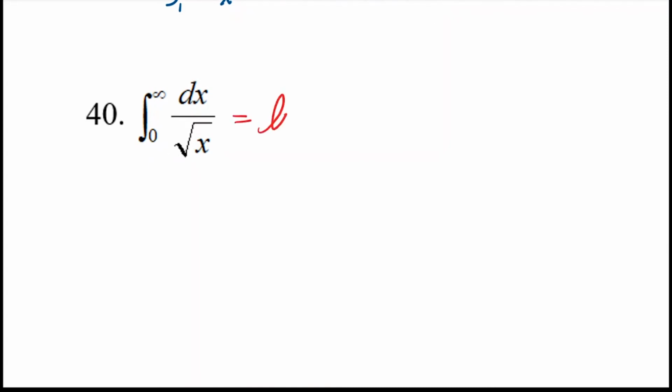So this is equal to the limit of, b approaching infinity of, and let's rewrite this from 0. Oh, I see the problem. It starts from 0. So this has two different improper parts, this part and that part. You know what I'm saying? So I cannot just put 0 anymore, so let's cut this.